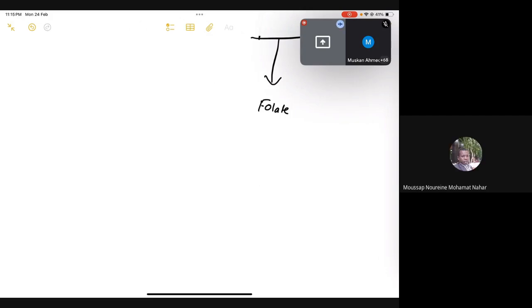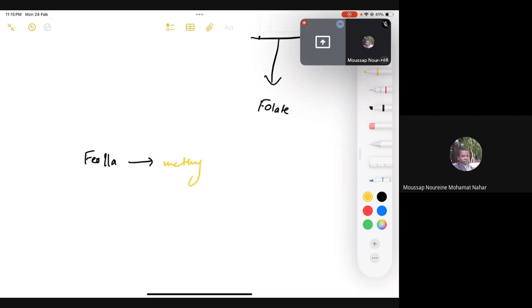We discussed a cycle, if you remember. We discussed that we have folate. Folate normally is bound to methyl. In order for the folate to participate in your DNA synthesis, it gives its methyl to B12.